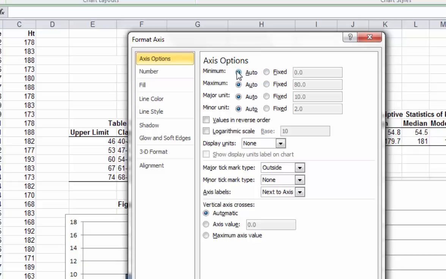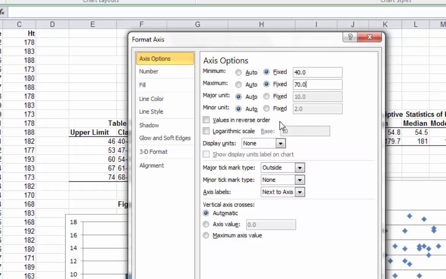So right now we have it on Auto, which means it automatically chose 0. So we're going to click on Fixed, and I think we should change that to 40.0. And of course our maximum was 80. Now the oldest president was Ronald Reagan at 69, so we could make it 70.